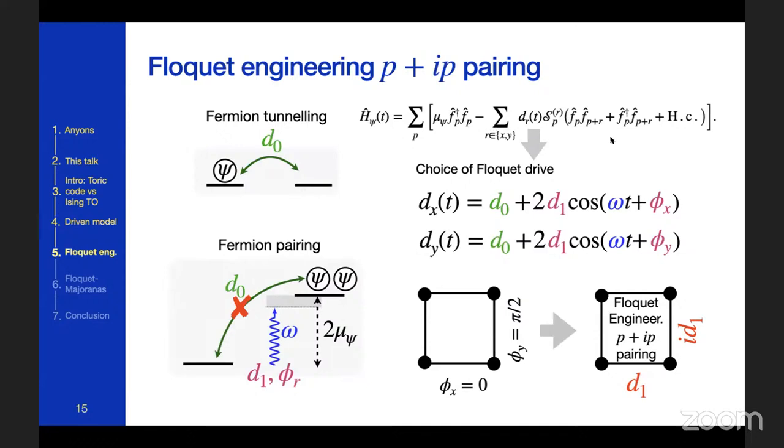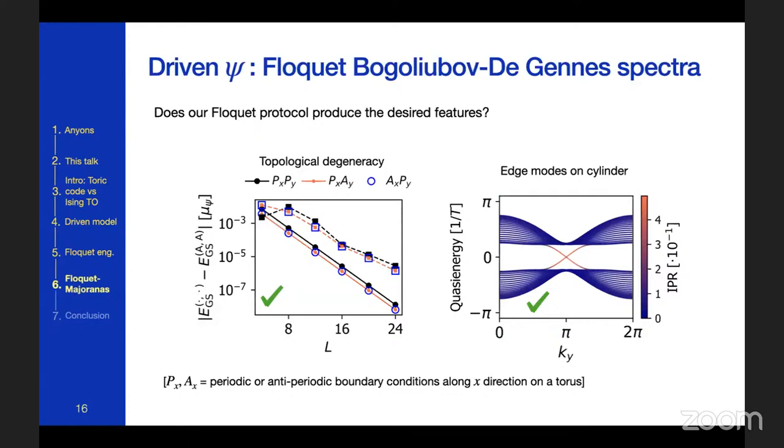And for the fermions, it leads to a quadratic model, something that I can solve very efficiently.